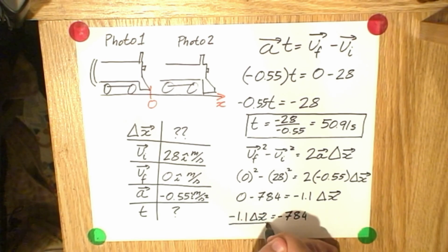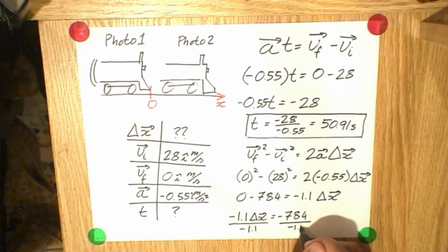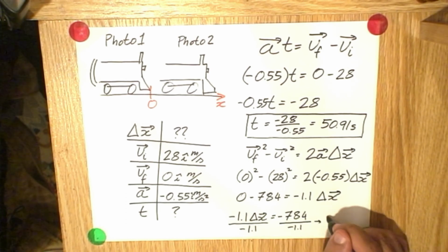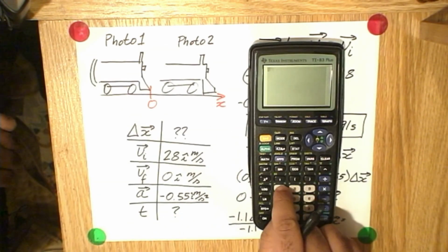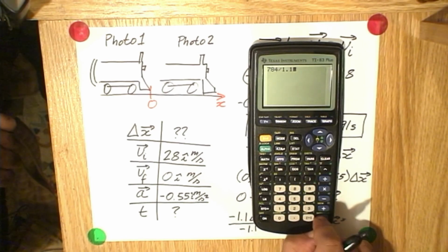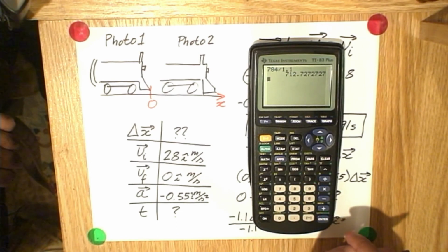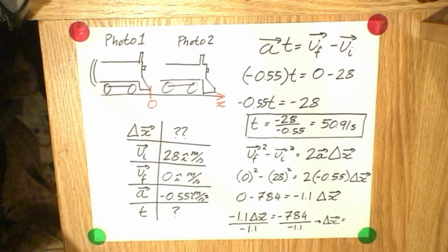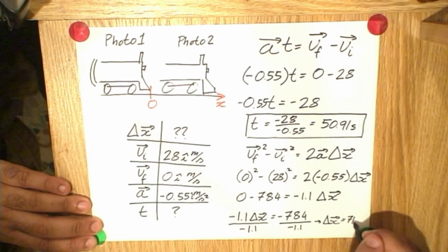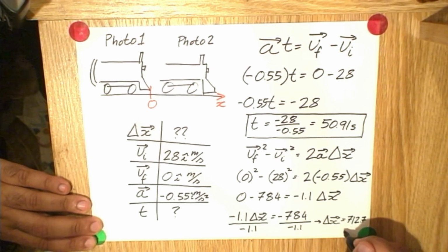I'm going to divide both sides by negative 1.1. And I end up with delta x is equal to 784 divided by 1.1, which is 712.7. And this would be i hat meters.